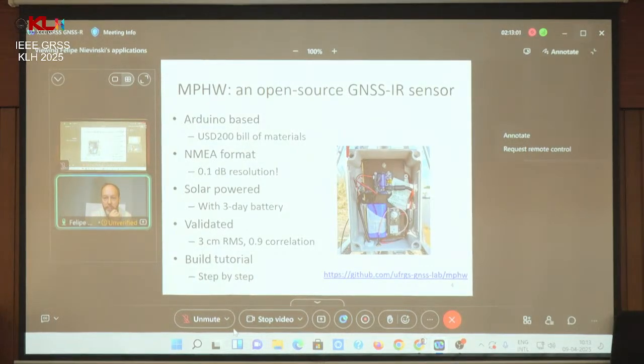You can purchase directly from the store. We do not sell anything. We just tell you what parts you need. And with that amount, you get even a solar panel. So it's cheap enough that you are not concerned with theft or vandalism, compared to a geodetic type of equipment, which can cost tens of thousands of dollars.